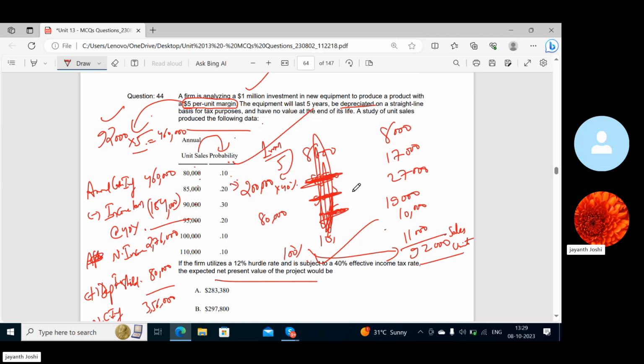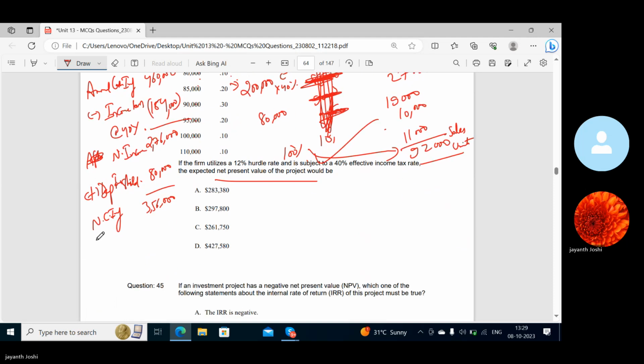Okay, 3.605, right? But the cash flows we are taking for 6 years, and the factor, you have checked it, right? Yes, sir, 5 years, 12%. How come then we are taking the sales of 6 years?